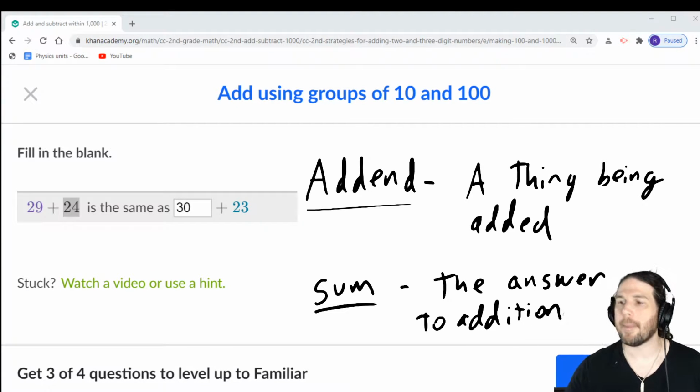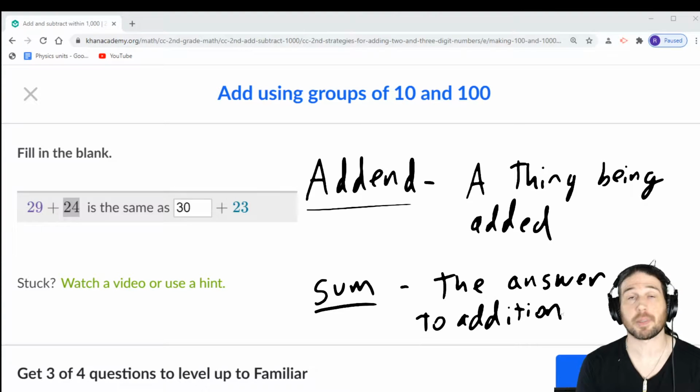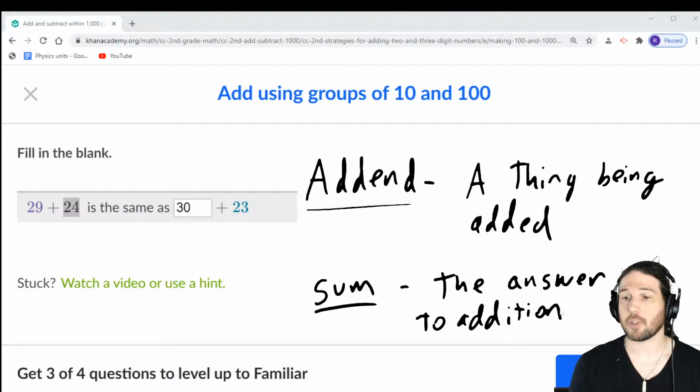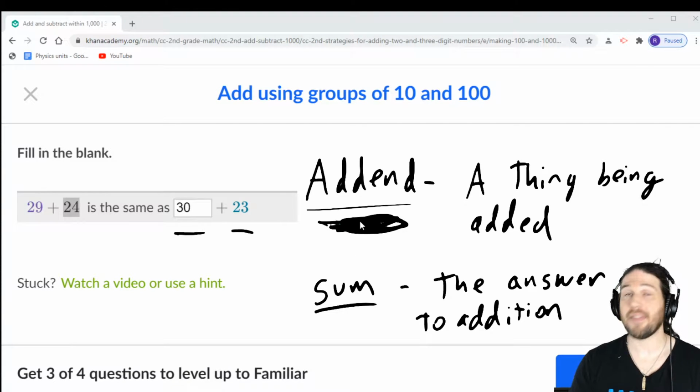The reason that I mention this is because I will use these terms sum and addend a lot as we go forward. So when I say 29 plus 24 equals 53, the 29 and the 24, or the 30 and the 23, as we see here, those are addends. And the answer is the sum.